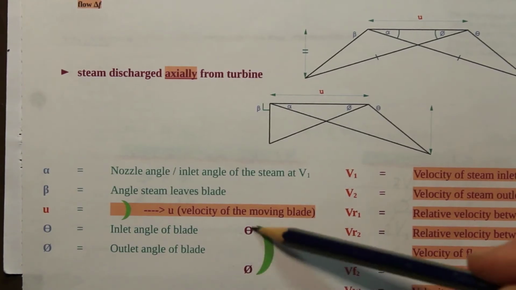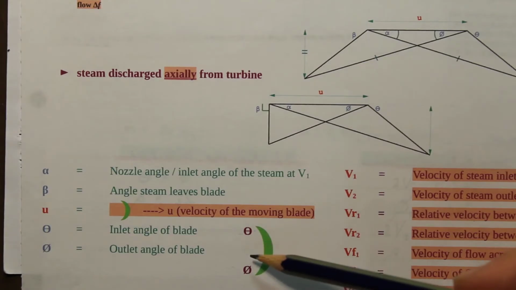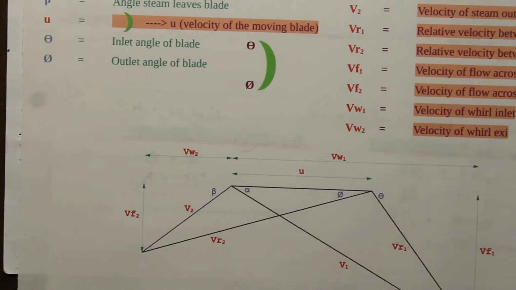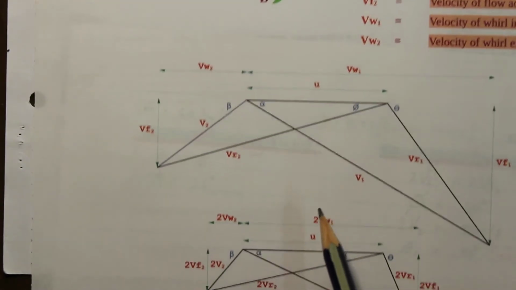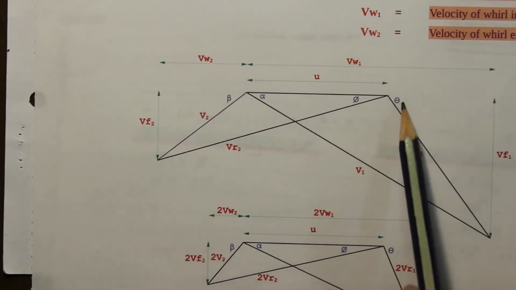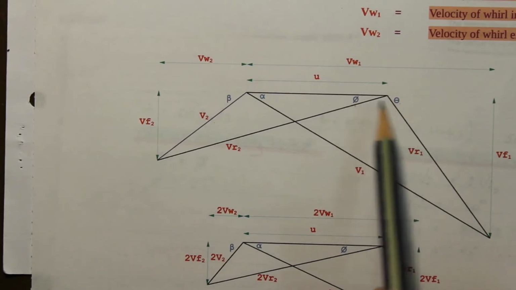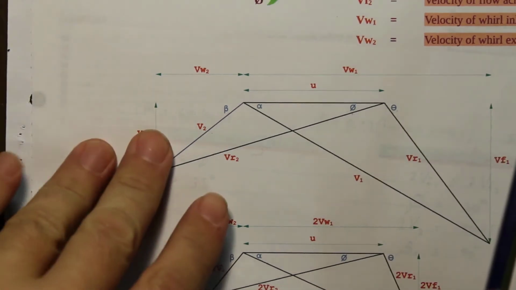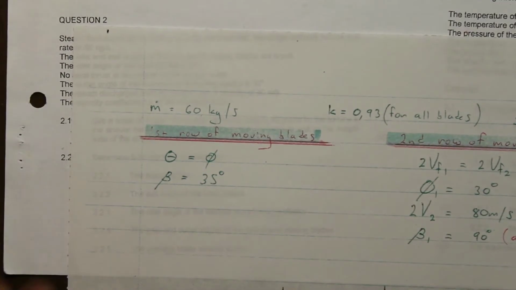So they're telling us in the question that those two angles are equal. And where are they on the velocity diagram? They're over here, on the first row of moving blades. And those two angles, theta and phi, are equal, because those two angles have to do with the angle of the blade. So they have written it down. Theta equals phi.